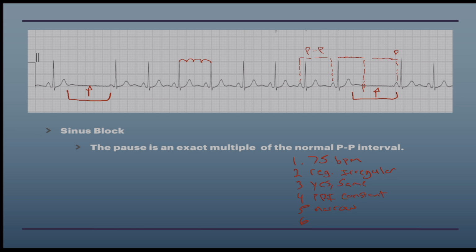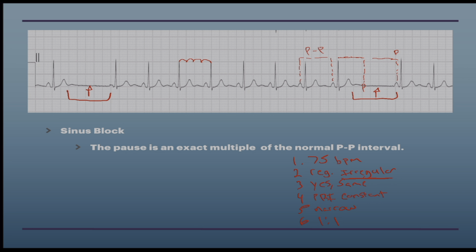I have a P wave for every QRS. I absolutely do. I have a 1-to-1 ratio. So I have everything I need to call this a sinus rhythm, but it's regularly irregular. This is what would trip me up and not allow me to call this a normal sinus rhythm.